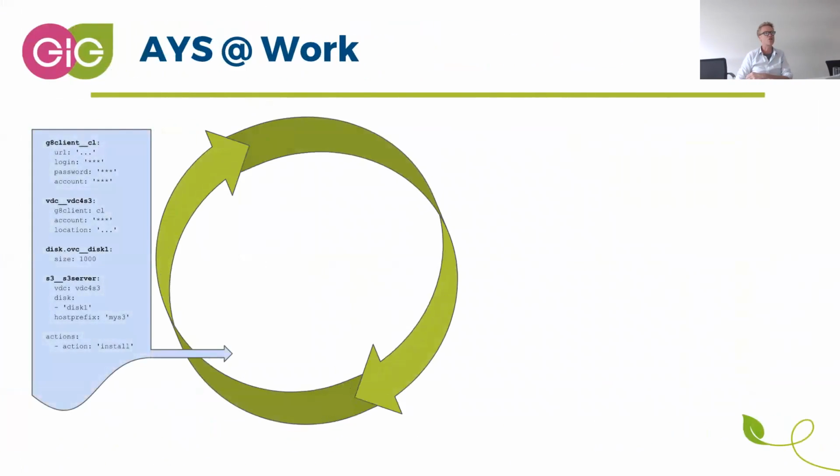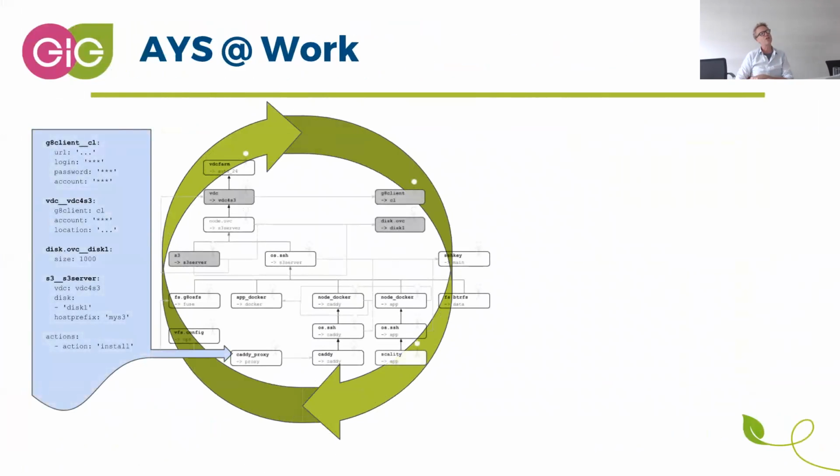Good. I have another example in my slides. I used this already before. This is an example of deploying an S3 server for 1 terabyte. And there you see again what we call the services that get created based on the definition included in the blueprint.